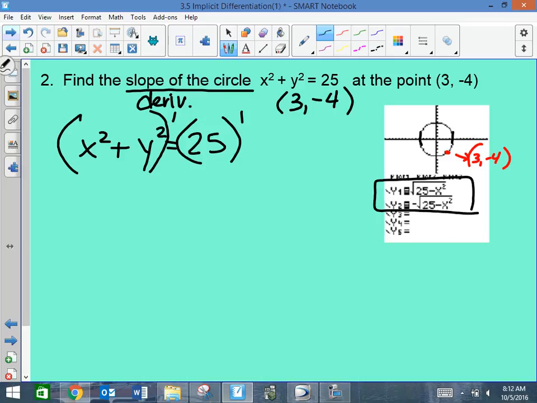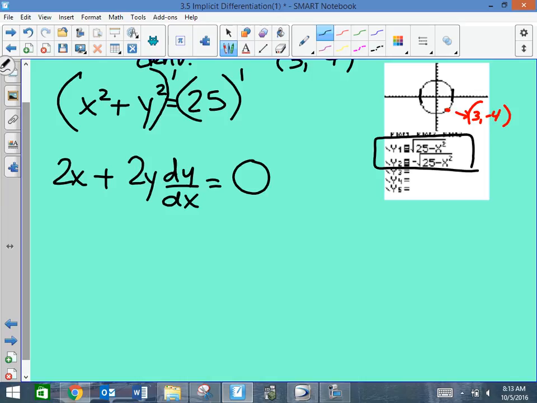What's the derivative of x squared? And the derivative of y squared, we just did it from the other side. Good job. And the derivative of 25? Good job. Okay. Now, dy/dx, basically, there's only one, so our goal is to get it by itself.